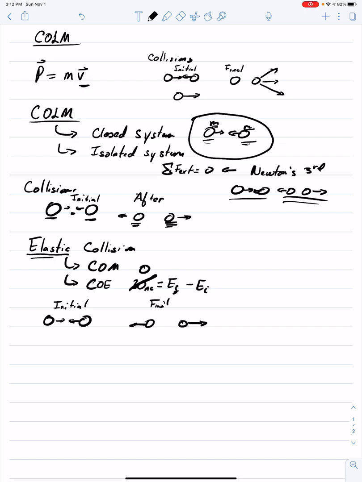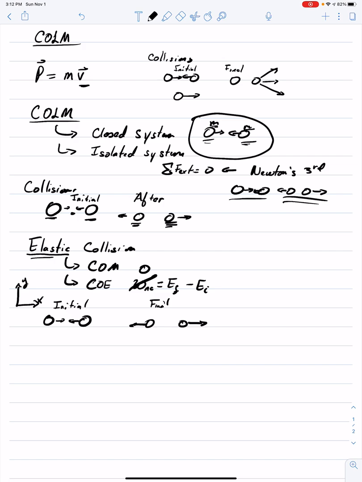Okay, so we understand this, but also remember that conservation of momentum is, in fact, directional. So we have to address y and x components, so we have a coordinate axis. In this case, there's only motion in the x direction.